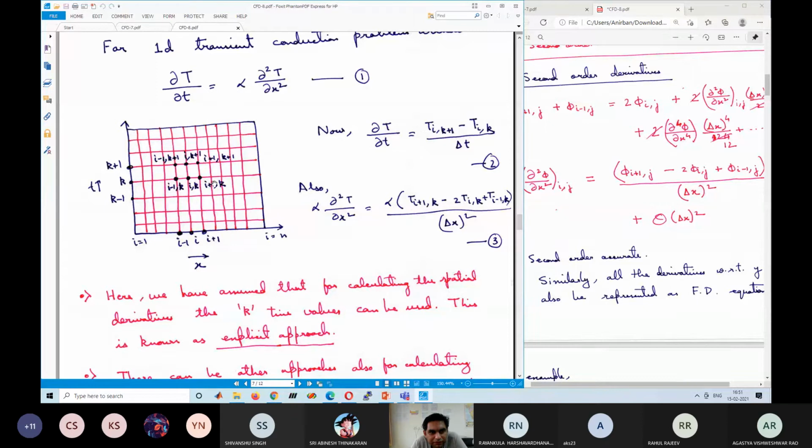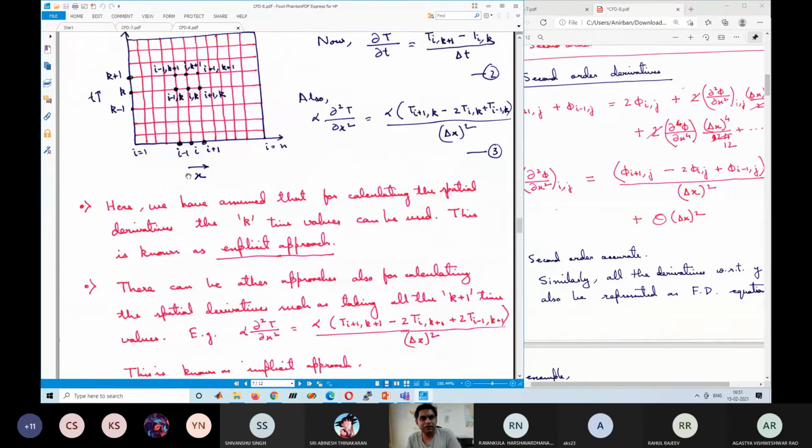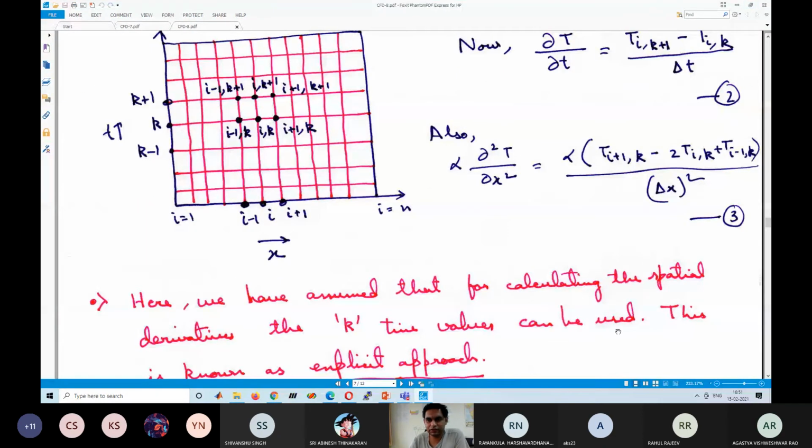We are left with T i plus 1 comma k, T i comma k, T i minus 1 comma k, again T i comma k, and T i, k plus 1. So this value at the center and these three values. Using these four values, we have replaced the entire equation. Let me increase the size somewhat.